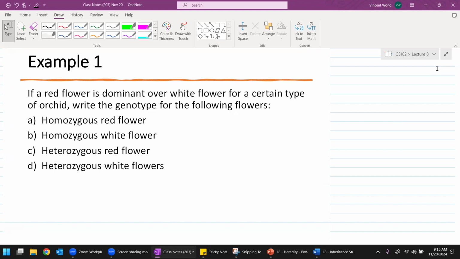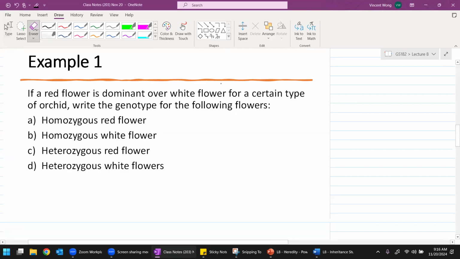Like I said, when you choose the letter to represent the trait, you should choose the letter for the dominant trait, right? So according to the question, what letter should we use? Big R, that's right.